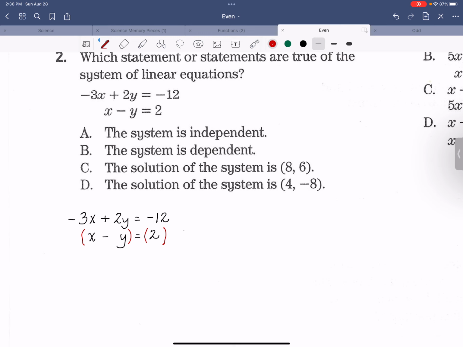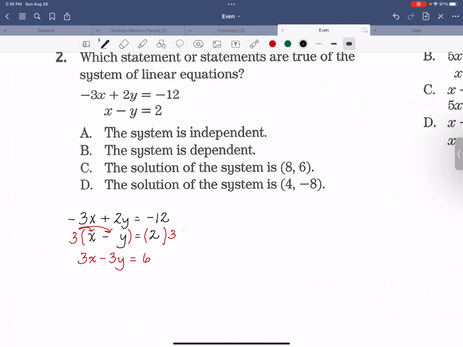So it's already got the x, I just want to give it a positive 3, and I have to do that to both sides. So 3 times x is 3x. 3 times negative y is negative 3y. And then 3 times 2 is 6.